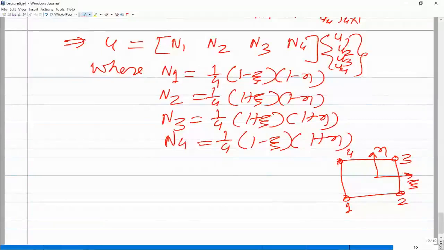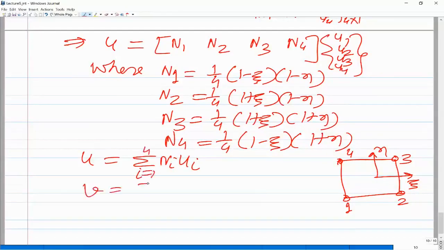So that means similarly you can say that u can be written as summation ni ui, where i goes from 1 to 4. v can be written as summation i going from 1 to 4 ni vi.